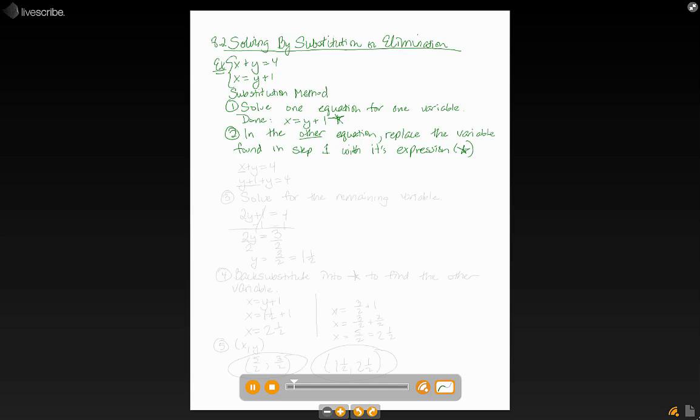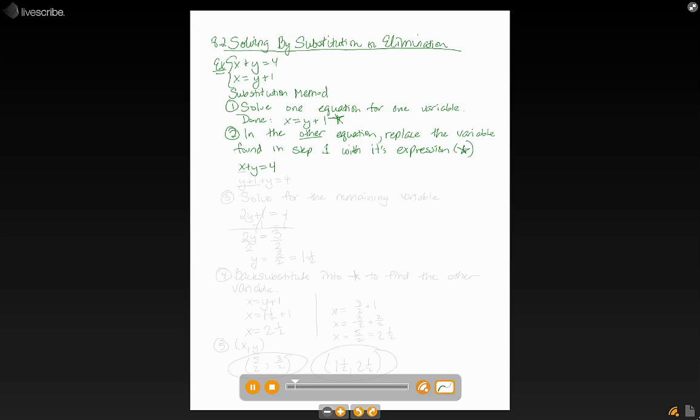So which equation do I have to look at for step 2? The first one, right? Because in step 1 I used the second equation, so now I have to use the other equation. I have to look at x plus y equals 4. And I'm going to replace x. X and y plus 1 are the same thing. We just found that out.